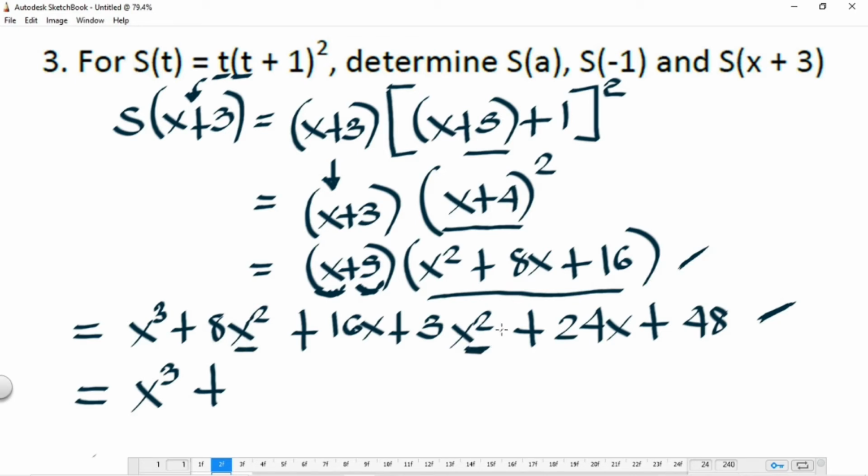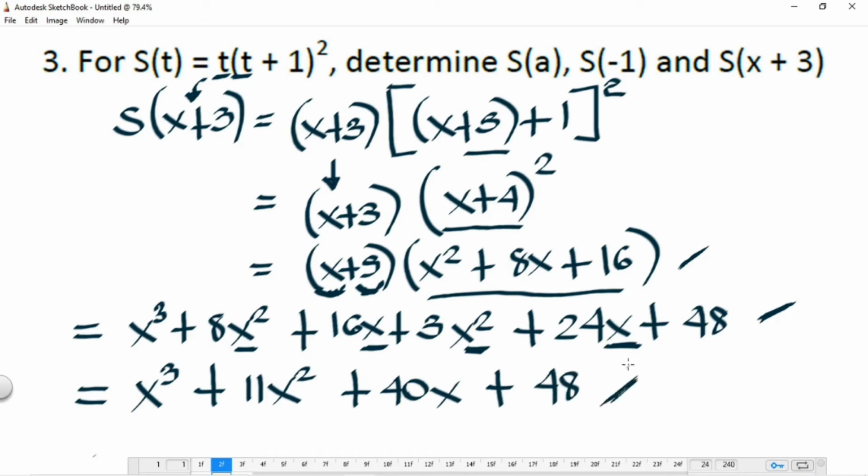All we have to do is just combine them. 8 plus 3 is equal to 11x squared plus, for terms ending with just x, there are just two. Therefore, 16 plus 24, the answer is 40x, and then the remaining term 48. And this will be our final answer for s of x plus 3.